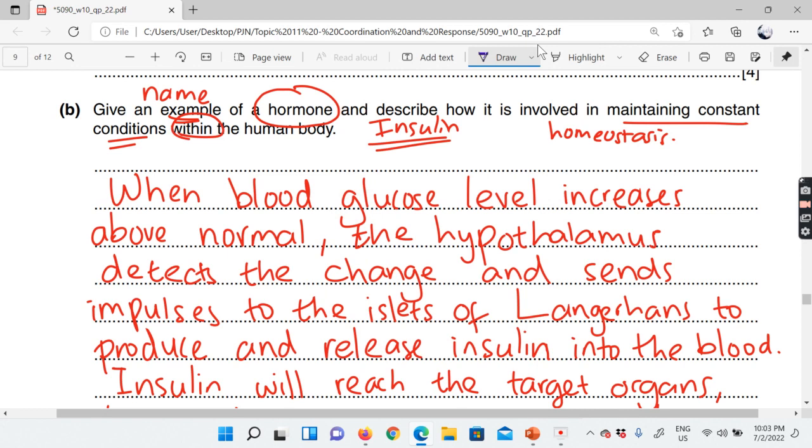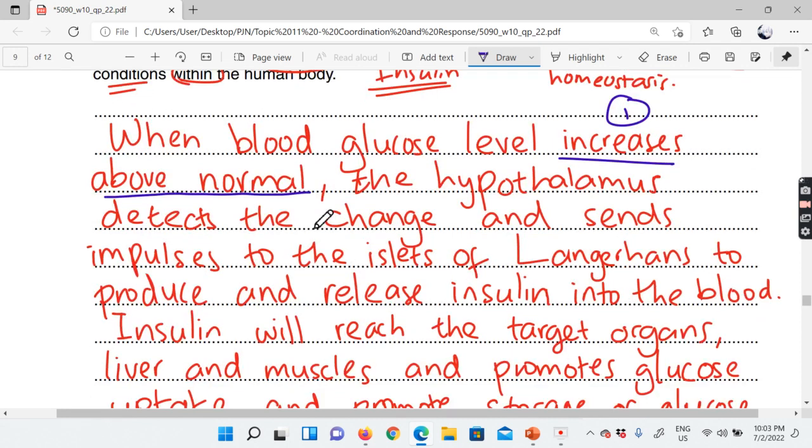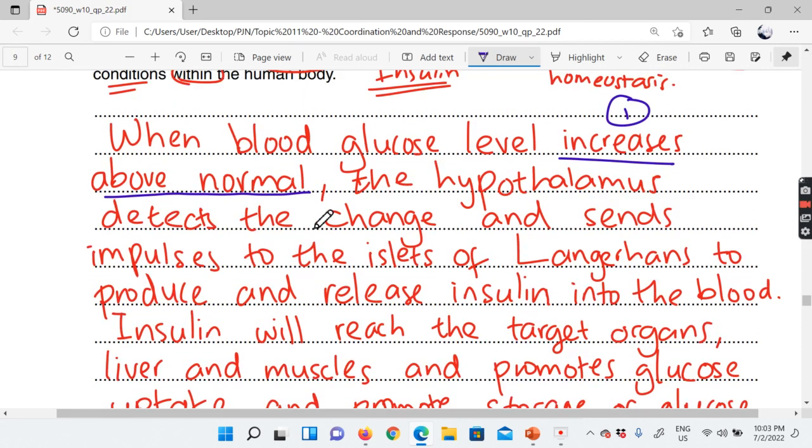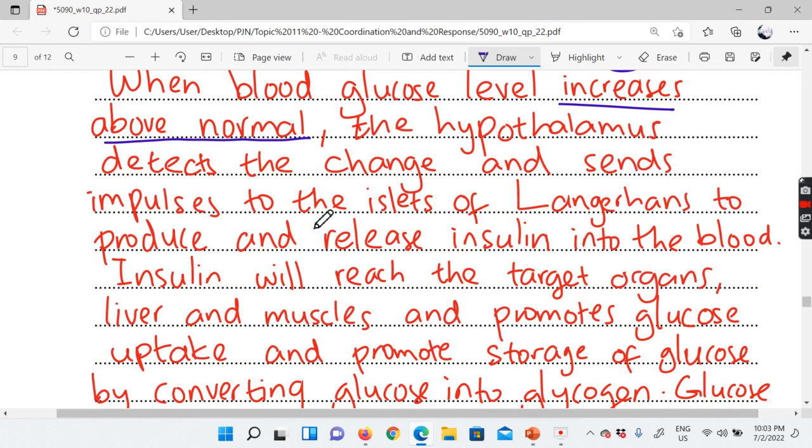You do need to mention the deviation from the set point. So increasing above normal is 1 point. And then saying the name of that hormone. So insulin is 1 point.